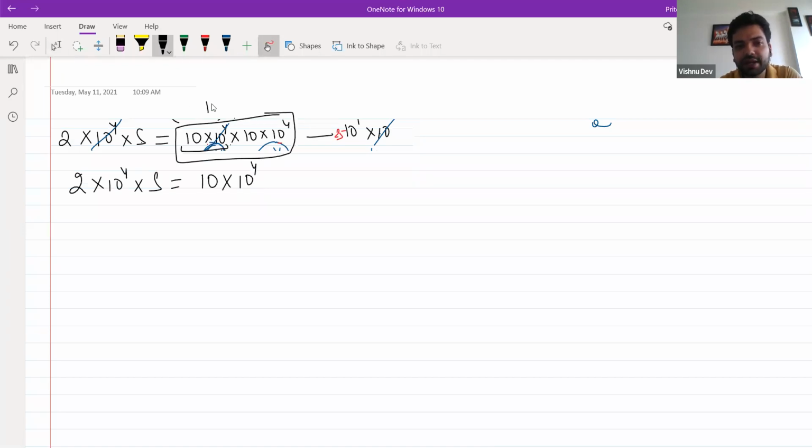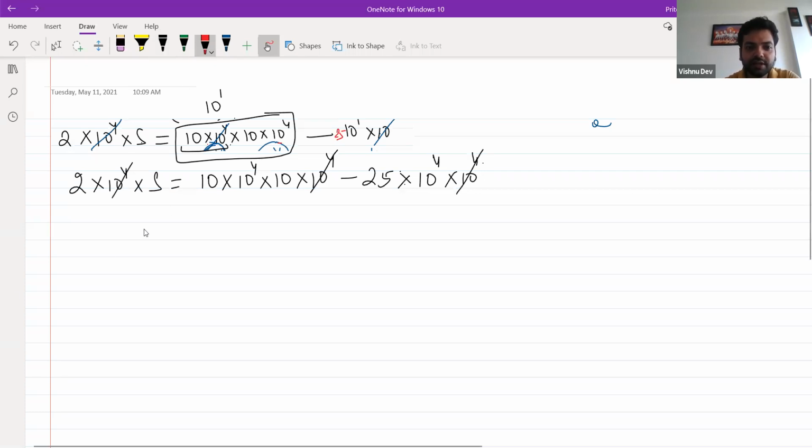I could have combined and written 10 to power 10, but calculation would have been very tedious. So I kept 10 to power 4 as a factor which I can cut from all the sides. So we cut 10 to power 4 from all the sides.